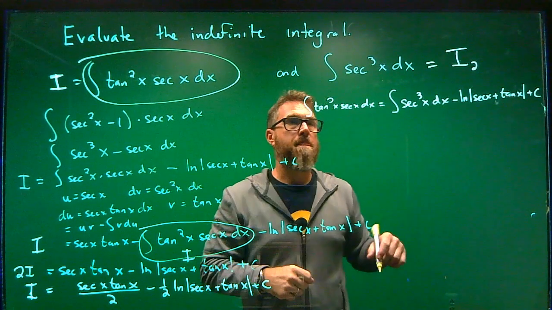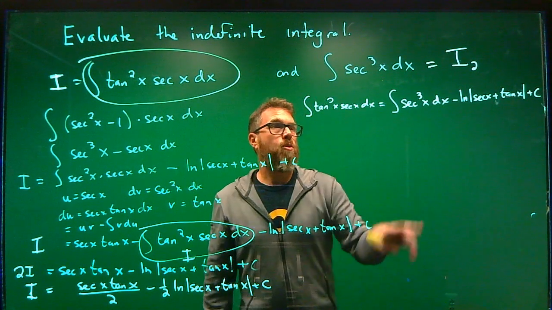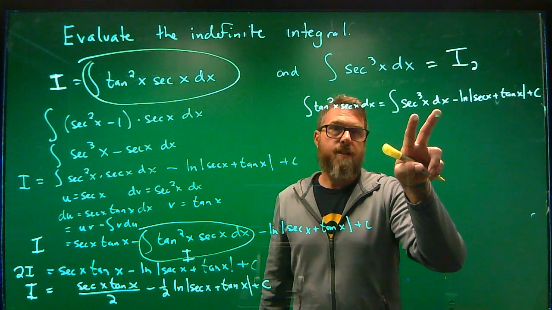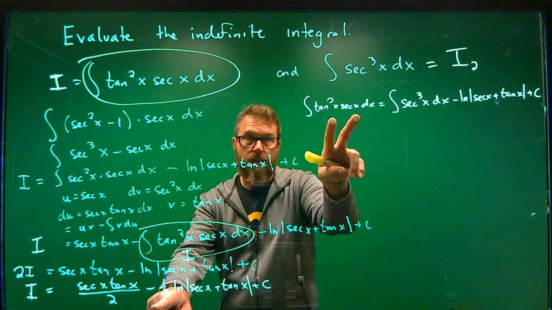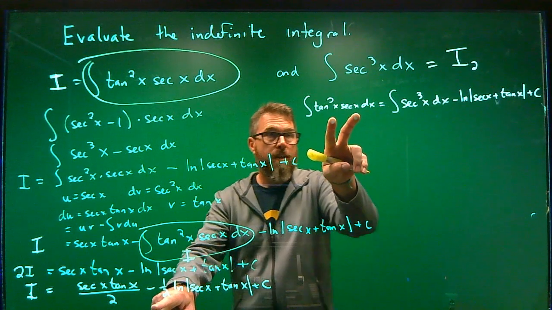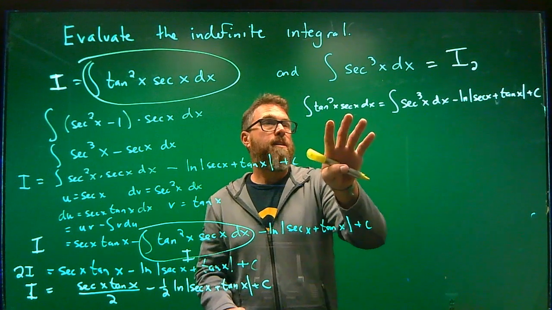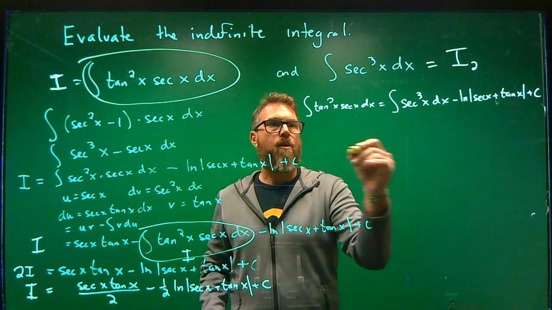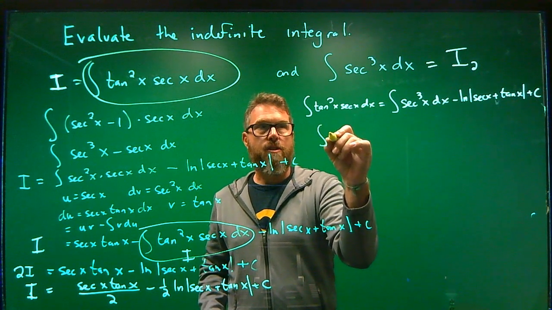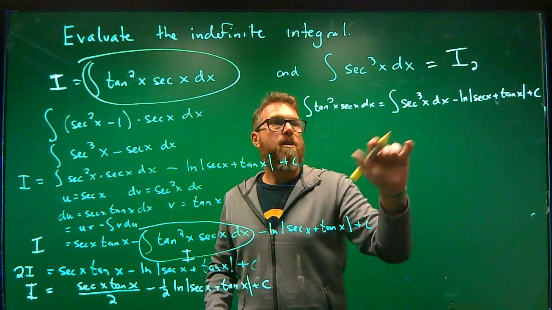plus c. So in order to integrate this thing, I really just have to isolate it, and I already know the value of this thing. The value of this is right here. This is just I. I'll just send this to the other side. Actually, let's just write this as I2.